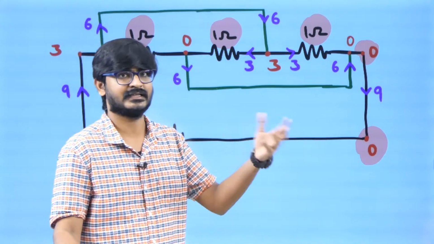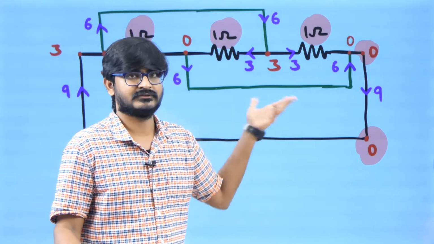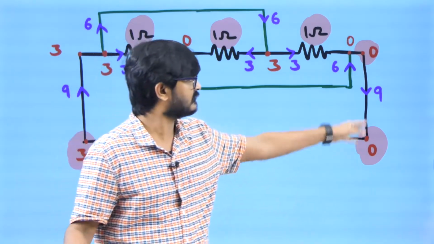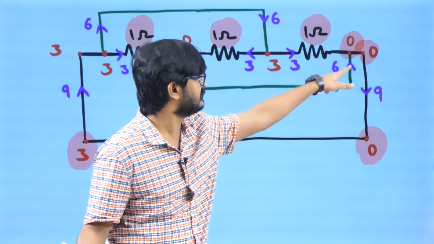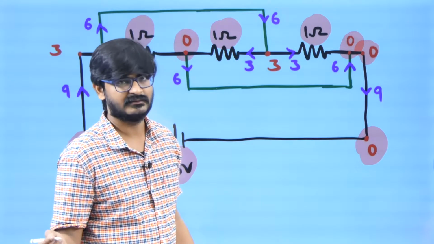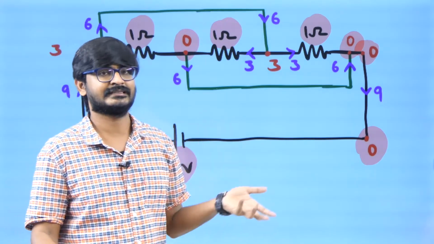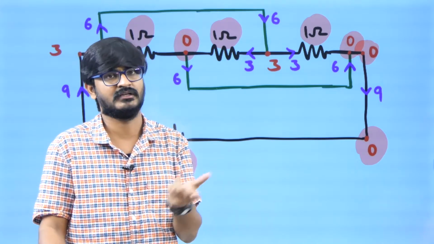In a resistanceless wire, if there is finite current, then the potential difference will be 0, right? So if this is 0, that has to be 0. Similarly this one also has to be 0, and so on, 0, 0, 0. If you don't want to see it as a resistanceless wire, you can assume the resistance is very small, then the potential difference has to be very small, right?